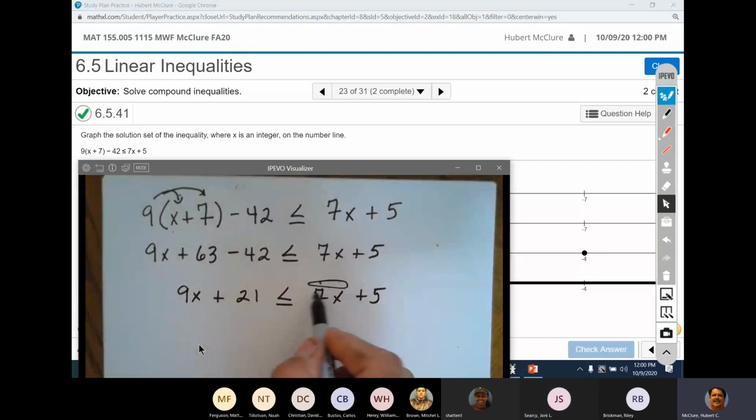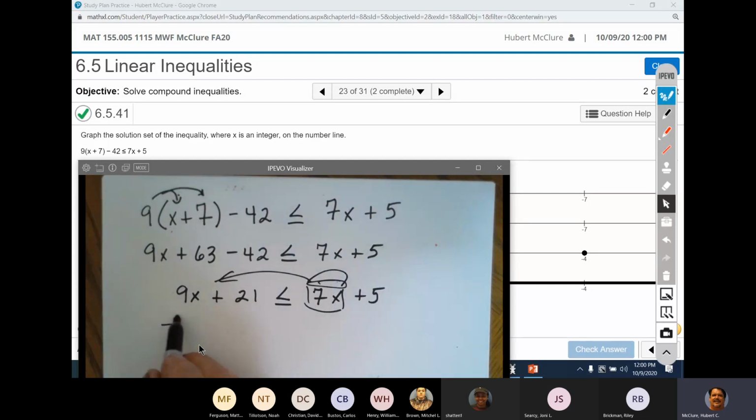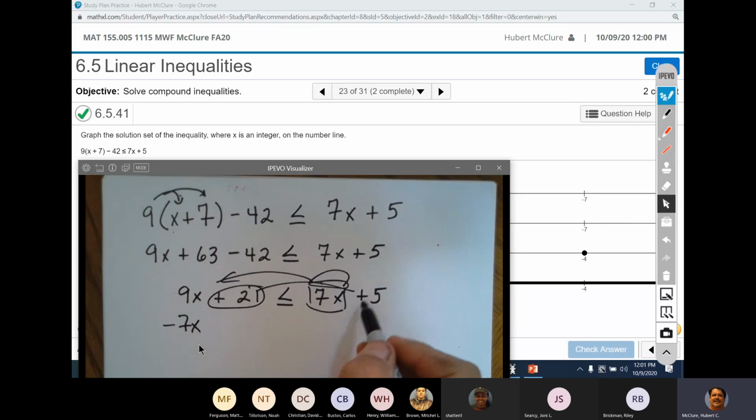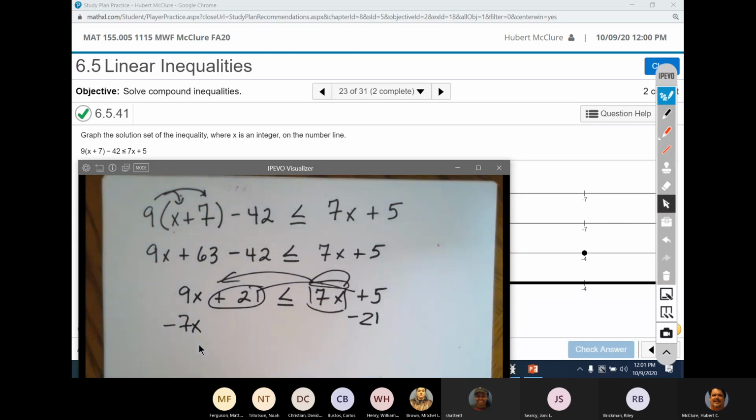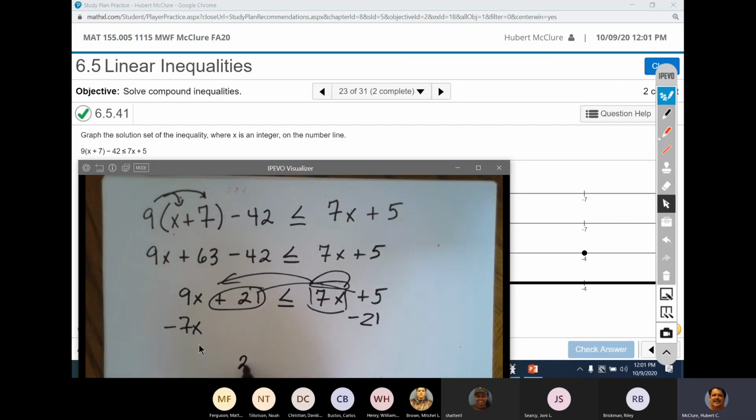7x is my smallest bucket, so I'm going to take it across the river. 21, take it across the river. 9x minus 7x is 2x.